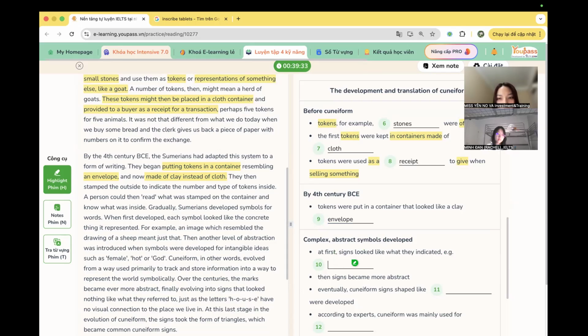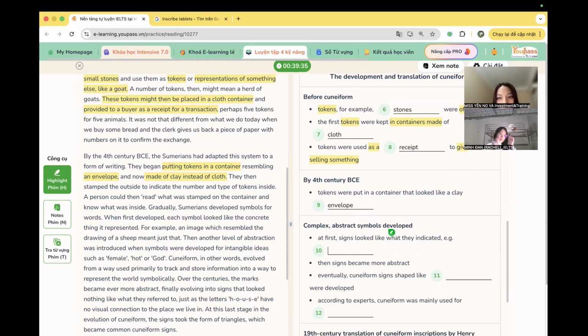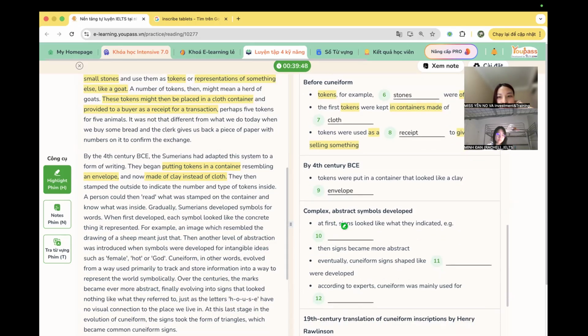And complex abstract symbols developed. At first sight, they looked like what they indicated. When first developed, the symbol looked like the concrete thing it represents.